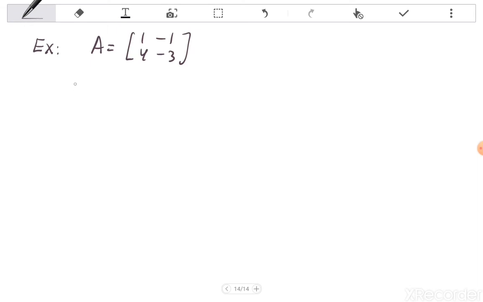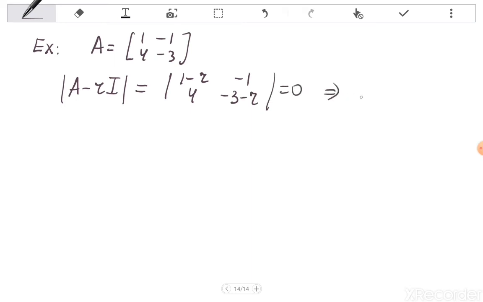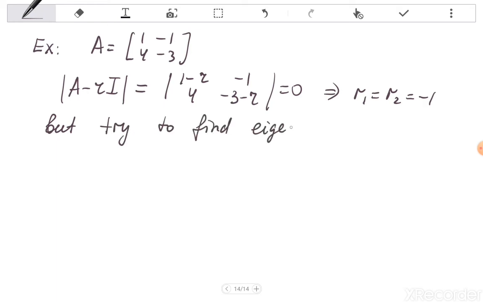And if we try to find the eigenvalues, which is the determinant of 1 minus r, minus 1, 4, minus 3 minus r equals 0, we get that two eigenvalues are minus 1. But let's try to find eigenvectors.